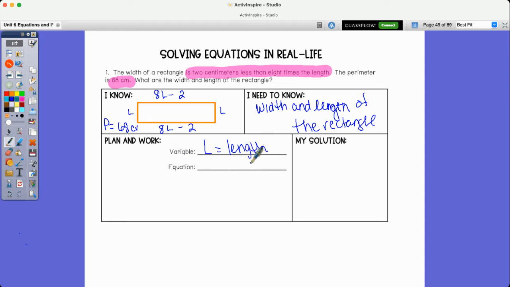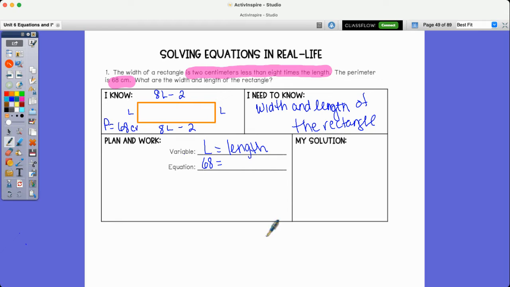Now, perimeter is 68 equals, and now think about what we have to do. Perimeter is the outside, so I have L plus L gives me 2 L's, plus 8 L's is 10, plus another 8 is 18.